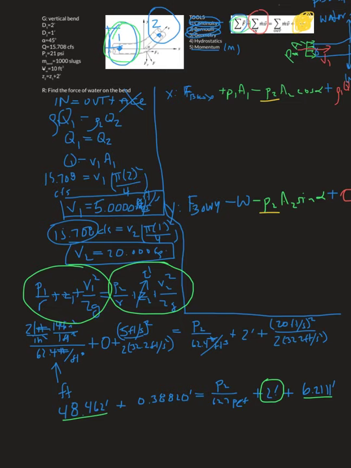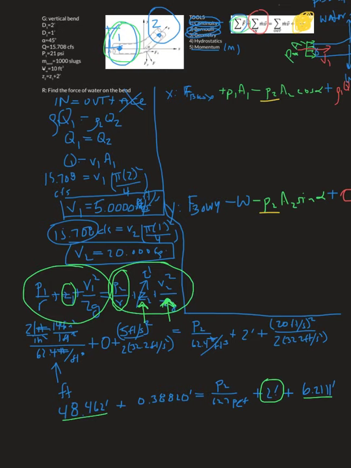So one thing we should expect is that as we go from 1 to 2, and we're trying to drive at what the pressure is here, we notice that the Z value increased, and the velocity also increased going from 1 to 2.